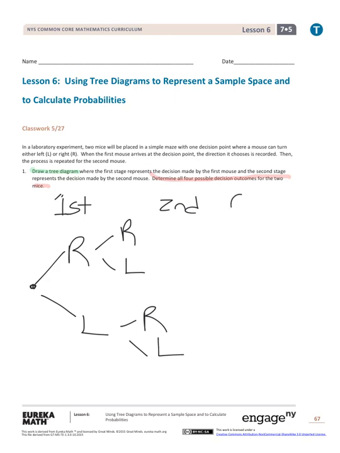Now it does want us to list the possible outcomes. And think about the possible outcomes. Well, one option we can end up with is if the first mouse goes right, the second mouse can also go right. So the mice could go right and right. Let's look at another option.